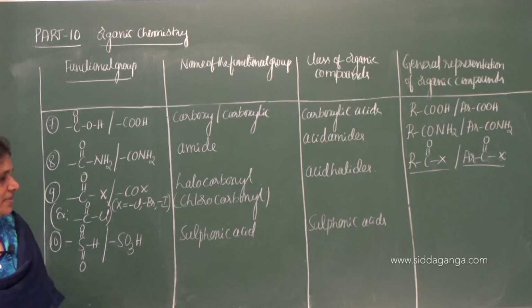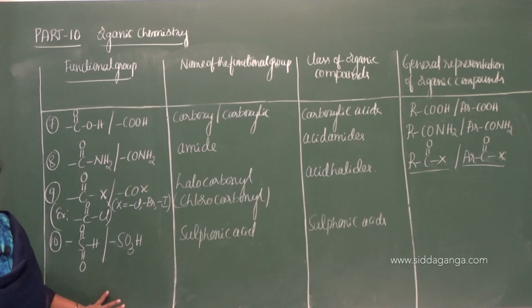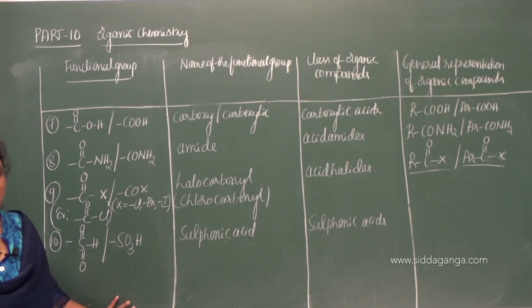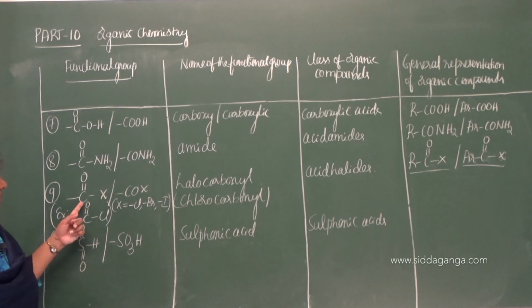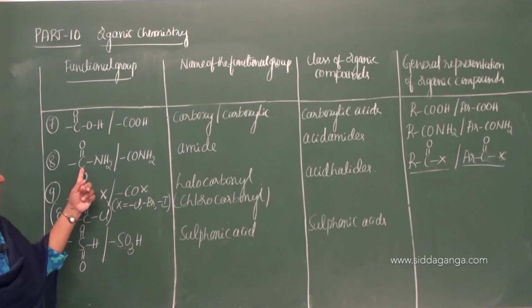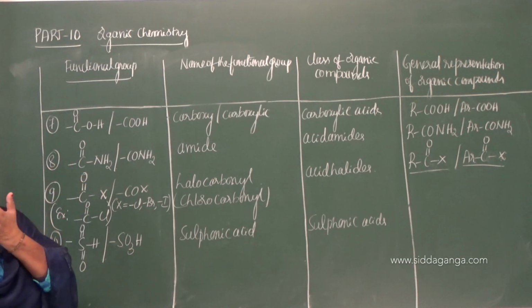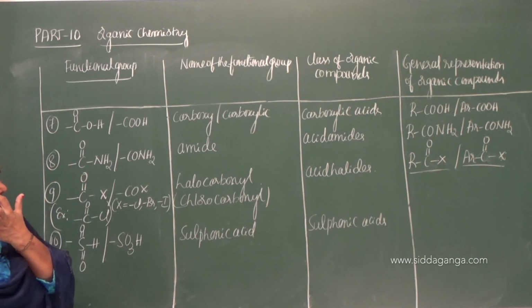So, replacing hydrogen of the alkane by the SO3H group. Here the key atom is sulfur, whereas in the earlier groups the key atom is carbon, because it is the atom next to the hyphen.